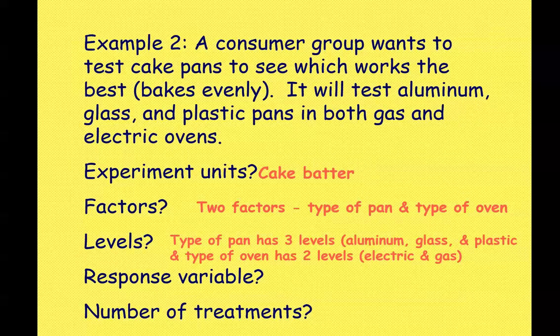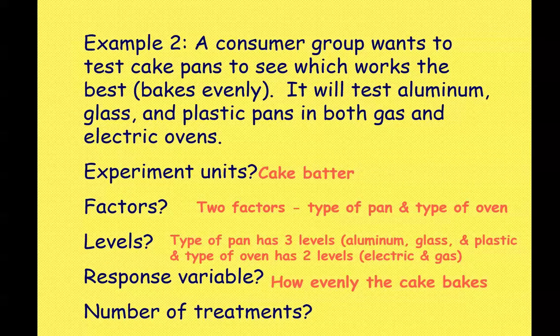Response variable, what are we actually measuring? We're going to measure how evenly the cake bakes. And so in total, when I collect up the data, this is the number of treatments, how many different categories would I have? If I've got 3 types of pans and 2 types of ovens, that would be 6. If you're thinking, well, where did 6 come from?